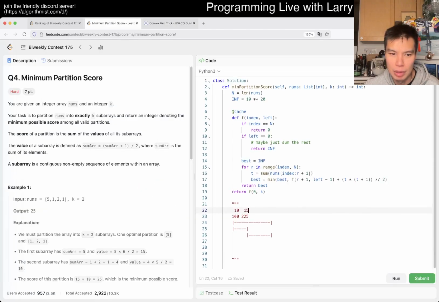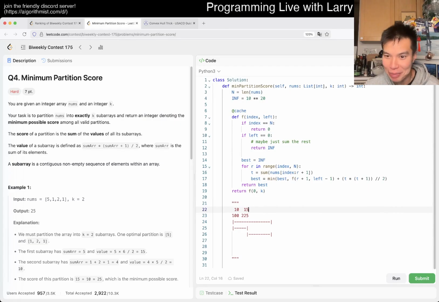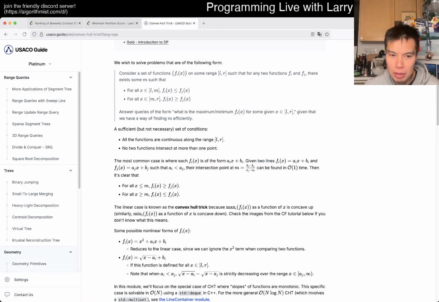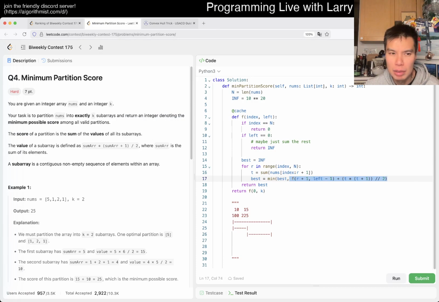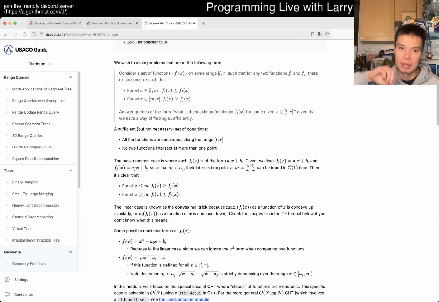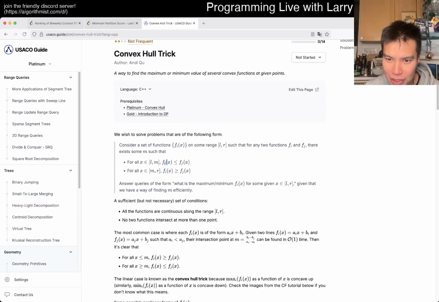Oh wait, no, I was thinking of Q3, oops. But this, we're trying to minimize possible score. We have a thing that looks like this, right? Oh, this is f of i and f sub j, the two functions.